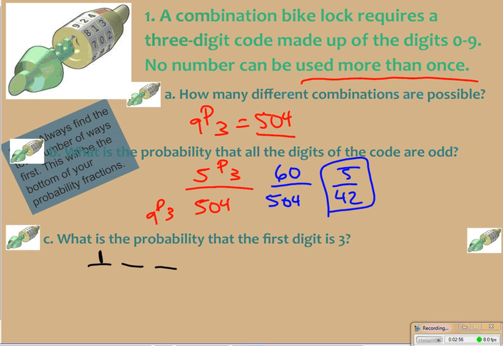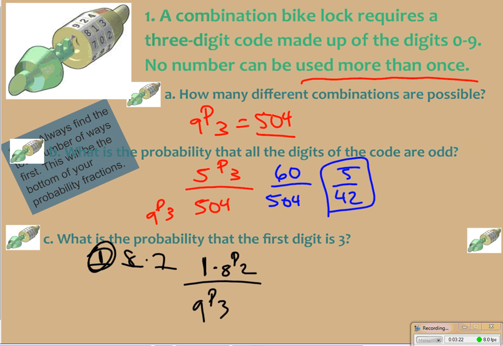After that, I've still got 2 chances, and I've still got 8 numbers left. So that's like 8 times 7. The first one can only be one number, that 3. Then after that, it's like 8P2, and that's all going to be over 9P3.